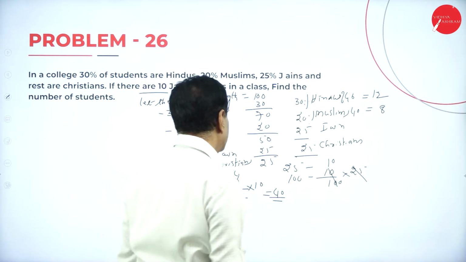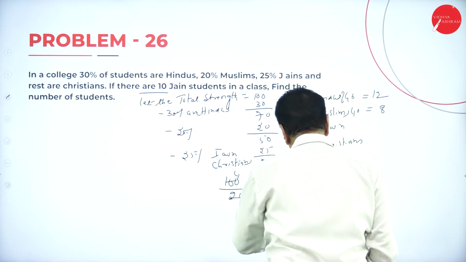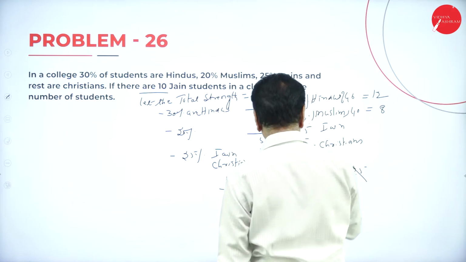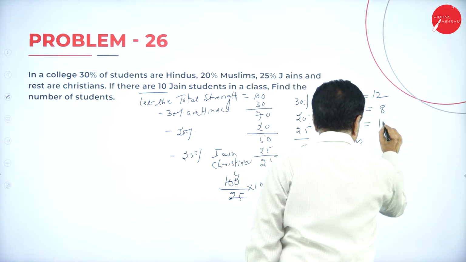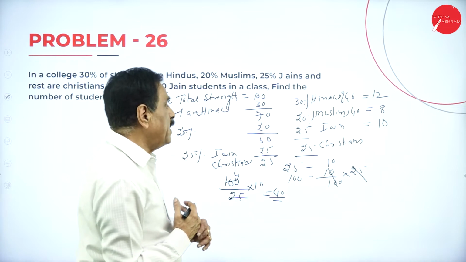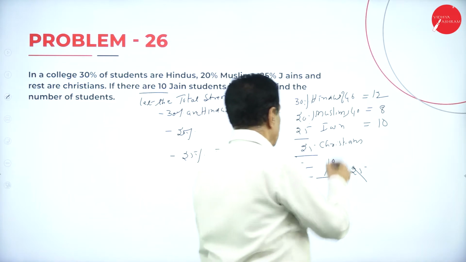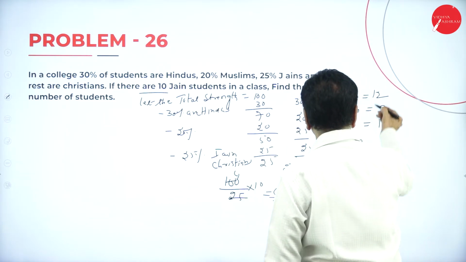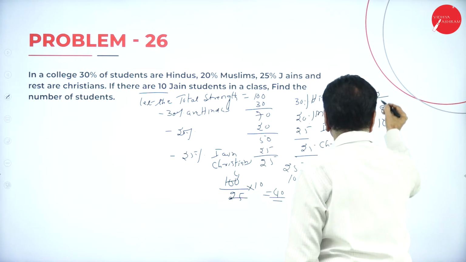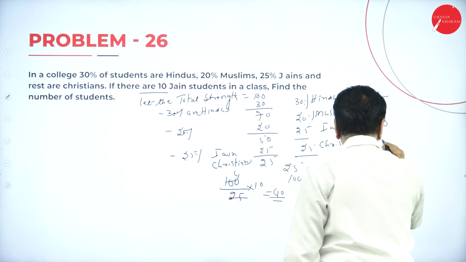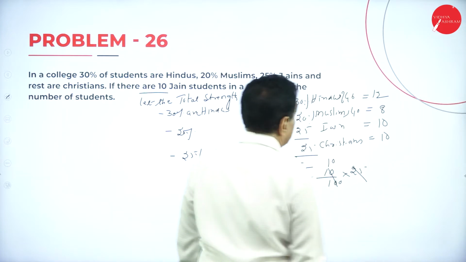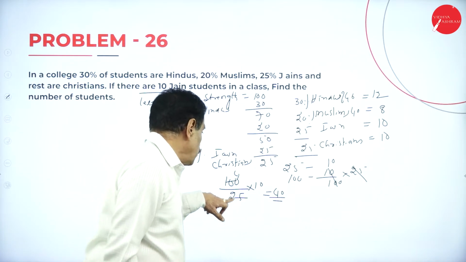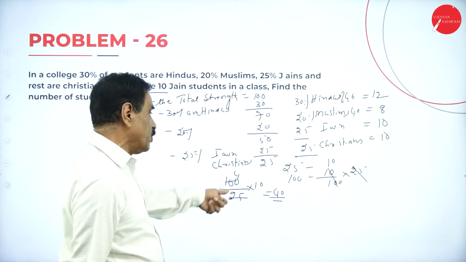Then 25% are Jains, which is 10. Another 10 are the Christians.